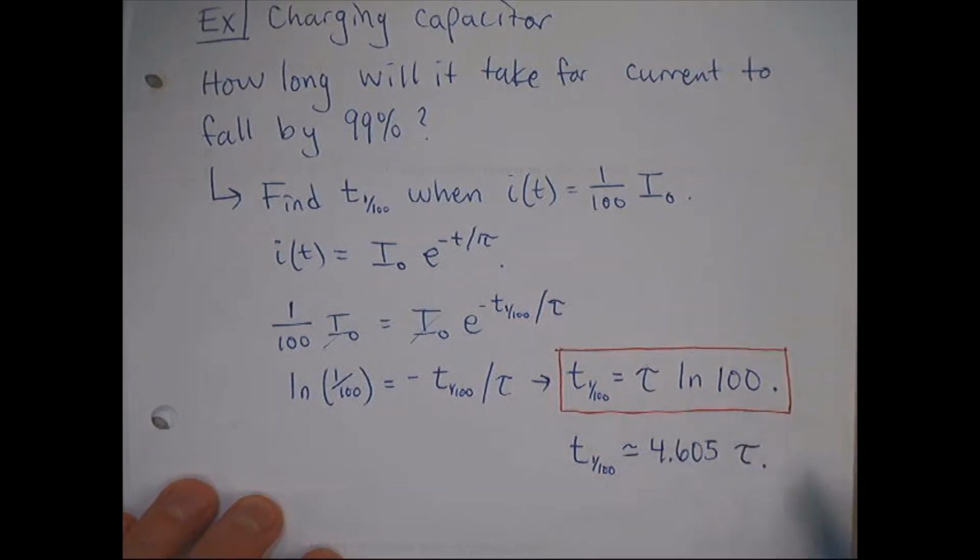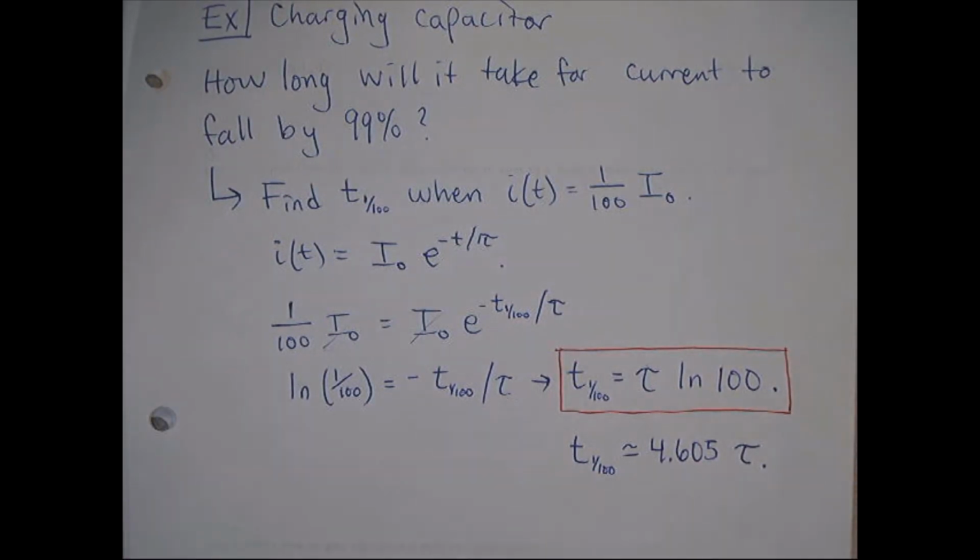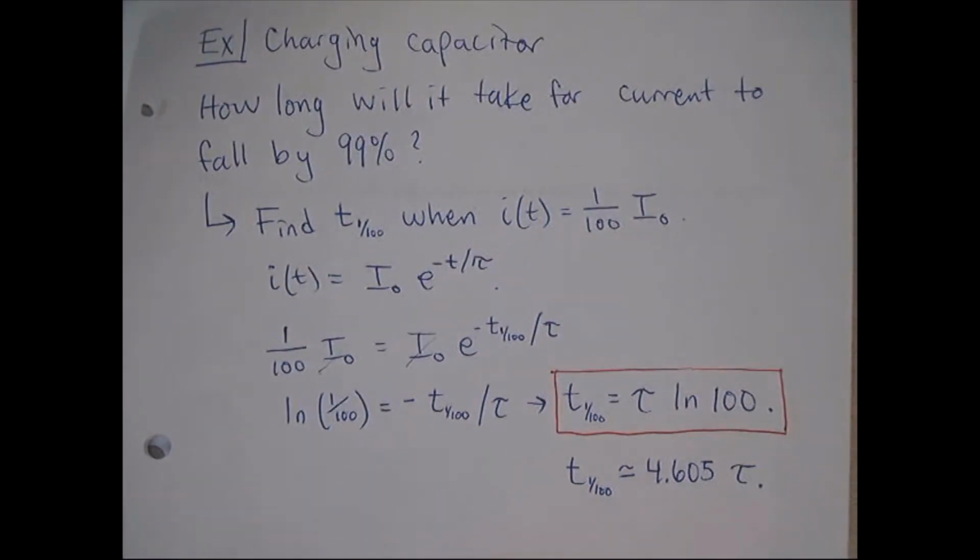All right, this is an amount of time in seconds. It's perfectly okay to leave your expression in terms of tau, so long as we didn't give you any of the circuit element values and ask you to specify the time in seconds.